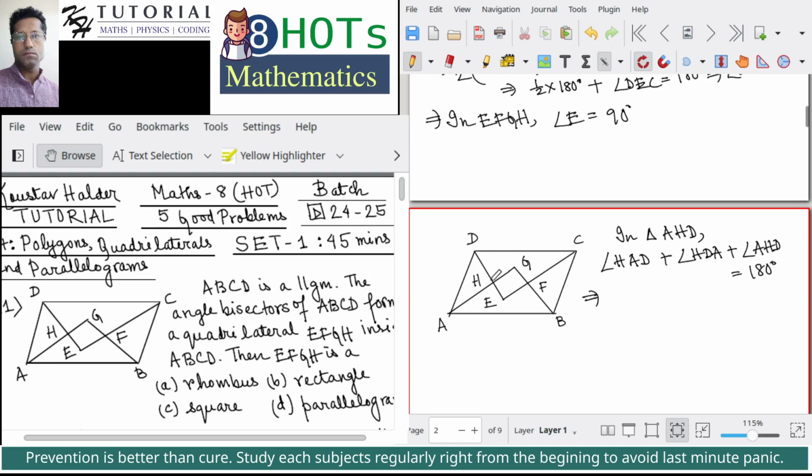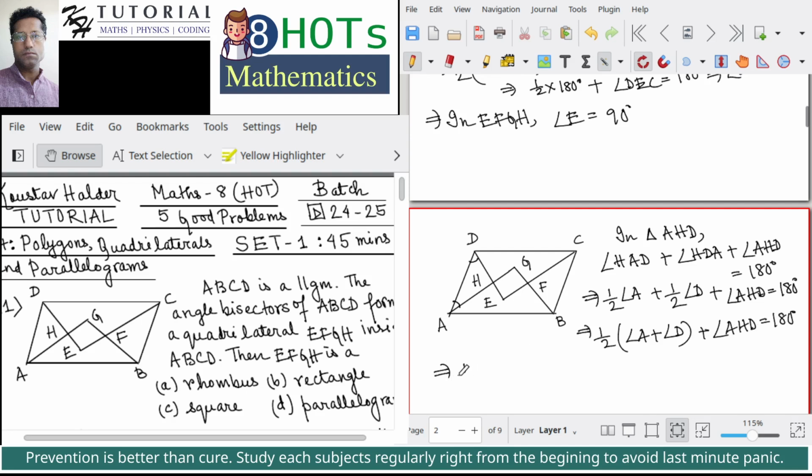What is angle HAD? This angle HAD is nothing but half of angle A. And what is angle HDA? This angle is half of angle D. And we have angle AHD. So half of angle A plus angle D plus angle AHD is equal to 180 degrees.